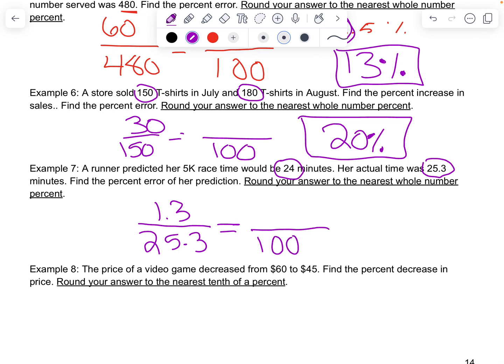Do 100 times 1.3 divided by 25.3. And you get a long decimal, 5.138339. It says to round to the nearest whole number. Whole number is the number in front of the decimal. We look at its neighbor, and you should get 5%.